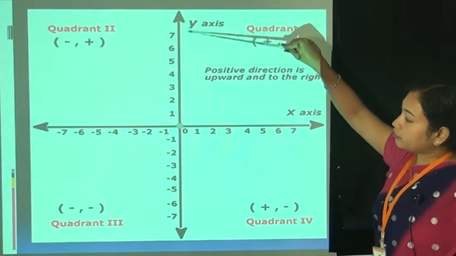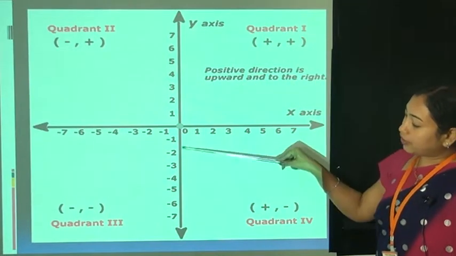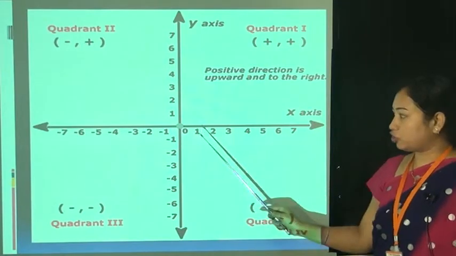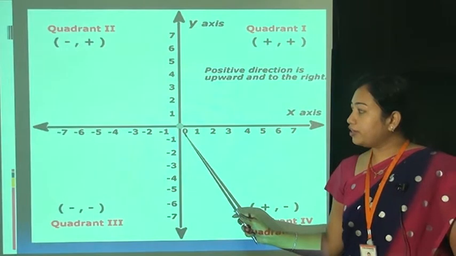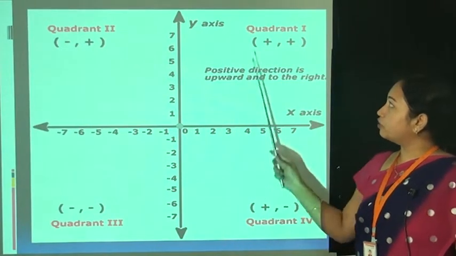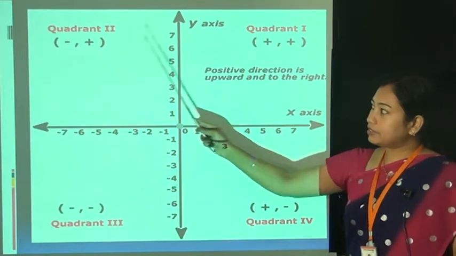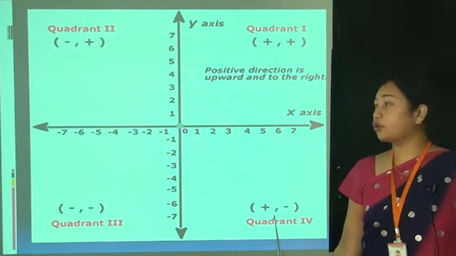Same way for axis YOY', y is in positive direction and y' is in negative direction. Here this is the origin. At the origin the coordinates of the point are 0. Now this is the first region or first quadrant. This one is the second quadrant, third quadrant and this is the fourth quadrant.